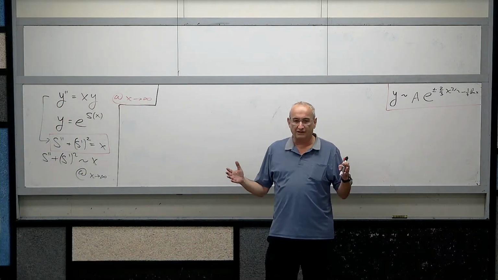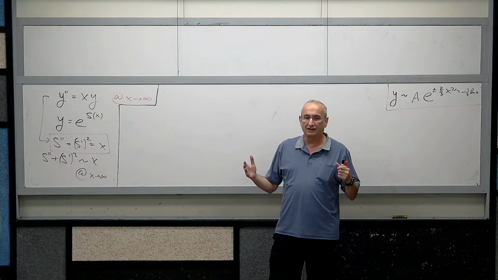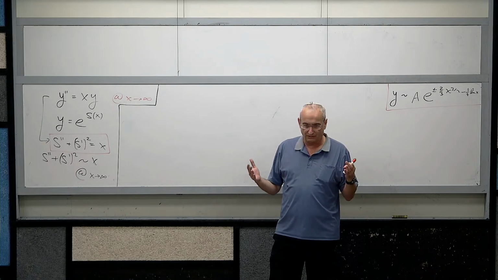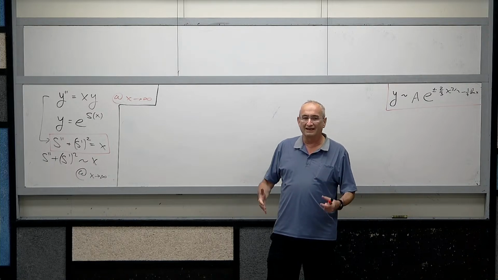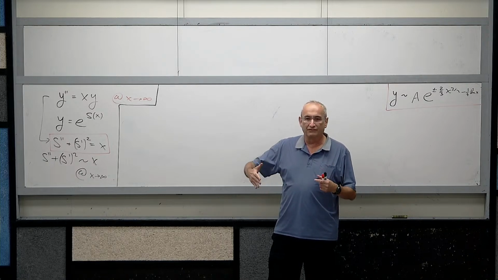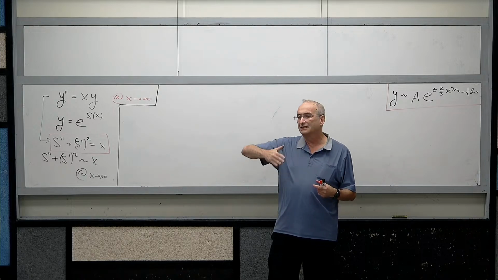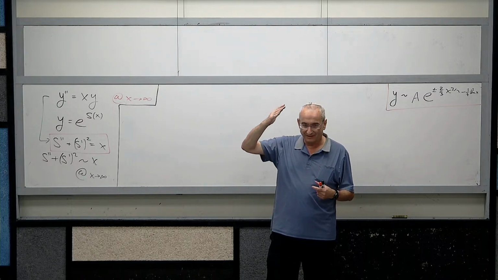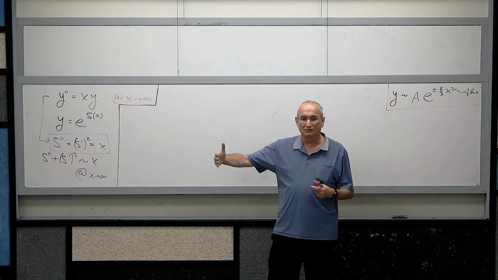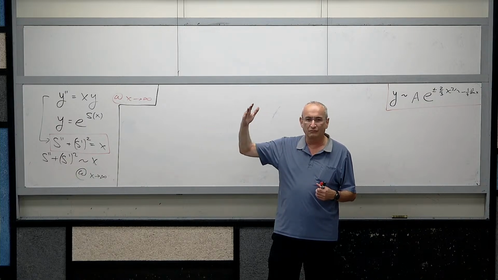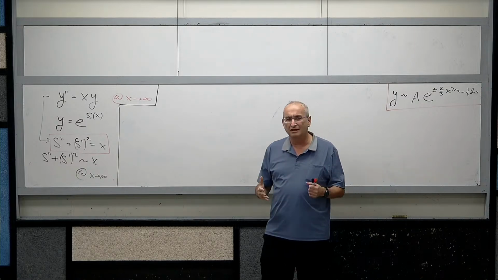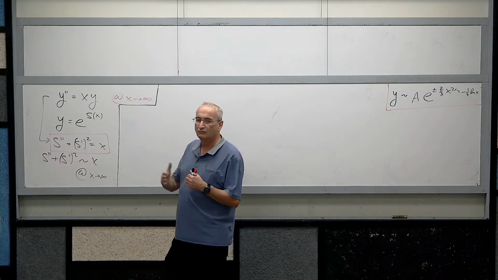it's an entire function, but now the question is how efficient is this power series, right? So suppose you want to calculate the value of the Airy function at x equals 10. How many terms do you have to take in this power series? It turns out that you have to take many, many terms. I don't remember if it's 10 or 100, but I think that 10 terms are needed to get to 1.